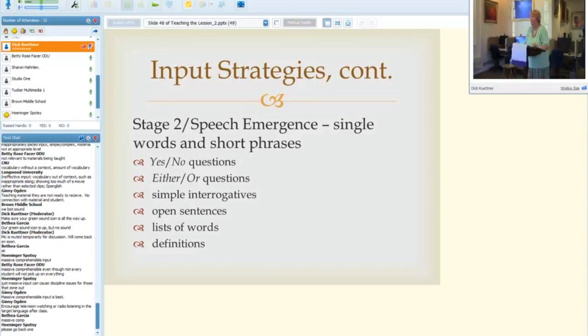I think anything is going to work. I love dictation. Students hate them. Dictation, how they integrate rules. I don't use them very often, but I do occasionally just to find out where my students are.